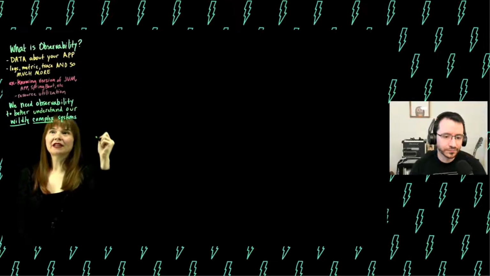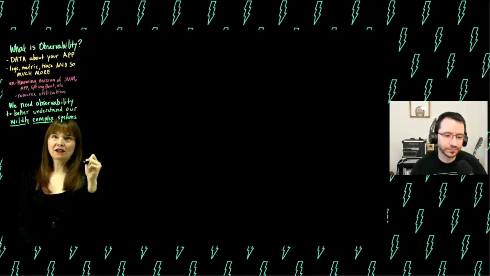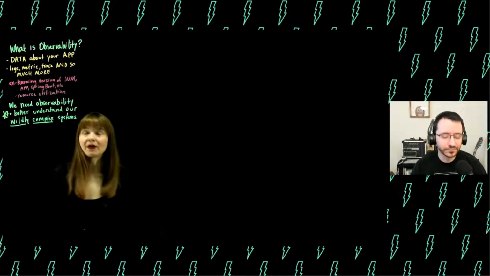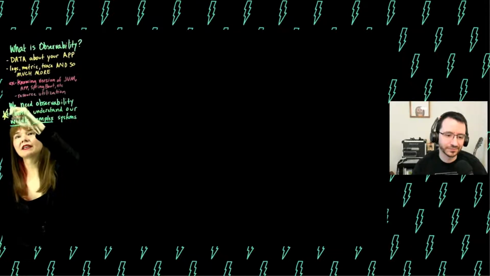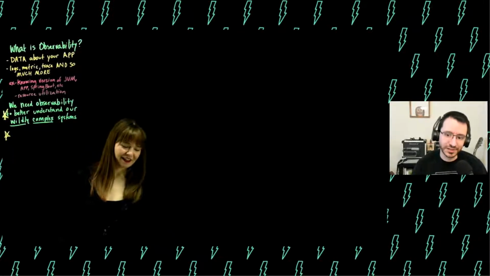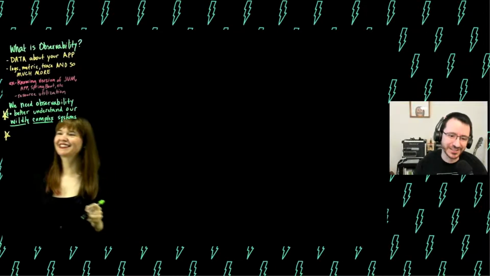So we need observability to better understand our wildly complex systems. And we also need observability because of money, to save money on production incidents.